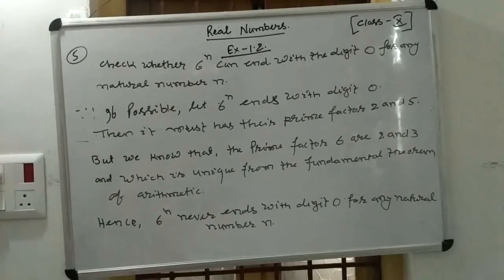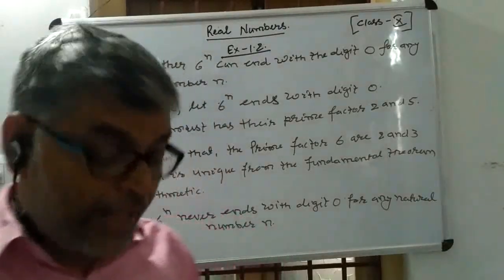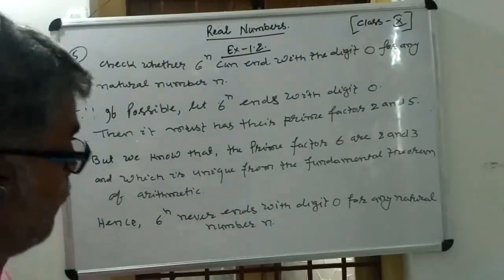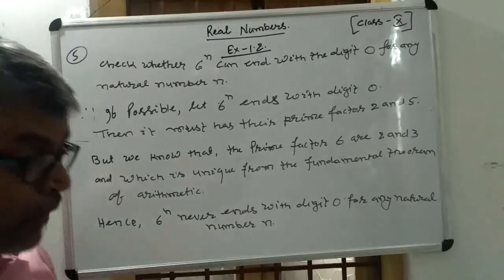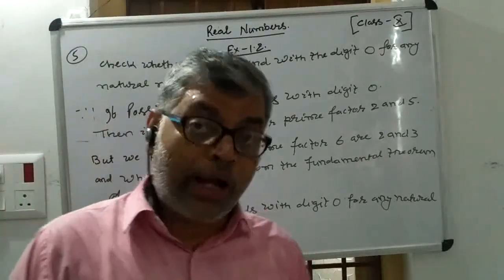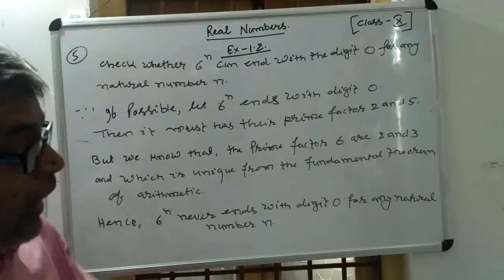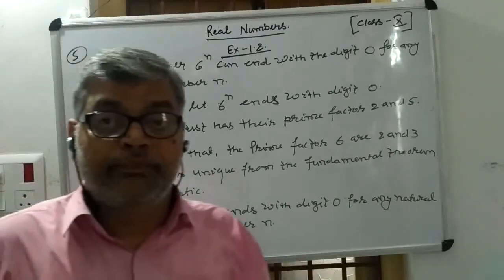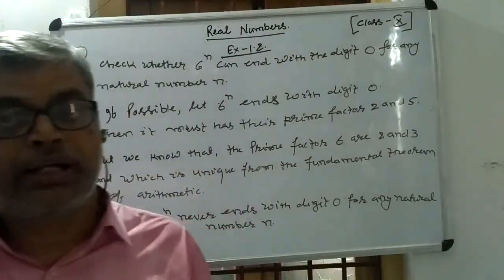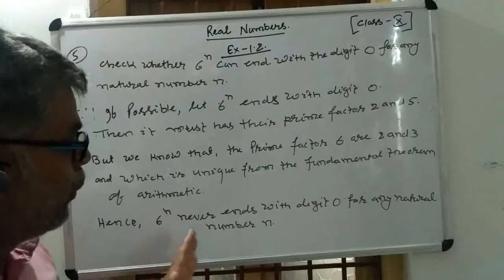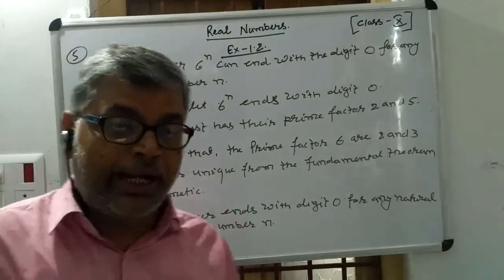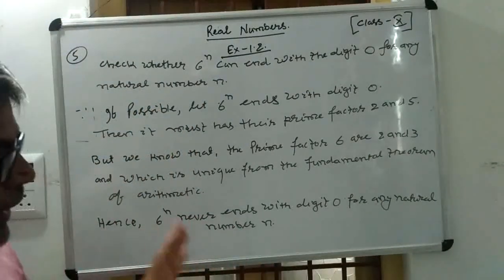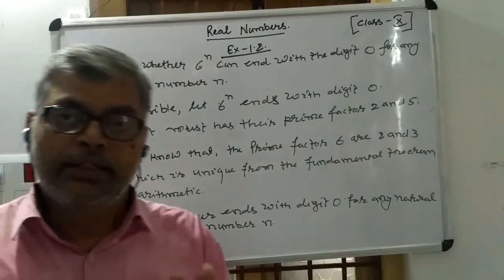But we know from the fundamental theorem of arithmetic that 6 to the power n has only the prime factors 2 and 3, and it does not have the prime factor 5. So hence it proves that 6 to the power n never ends with the digit 0.